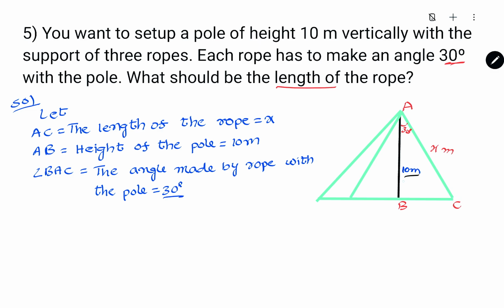Here we have the adjacent side and we need to find the hypotenuse. For that we use the cos ratio. For this angle 30 degrees, adjacent side is AB and hypotenuse is AC. Adjacent side by hypotenuse, AB by AC. Here AB is equal to 10 meters, AC is equal to x meters.